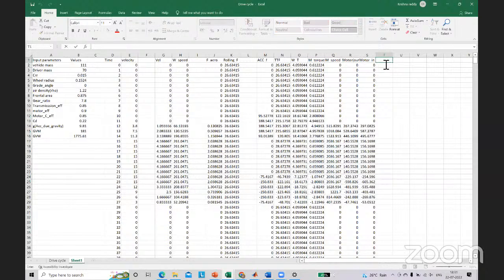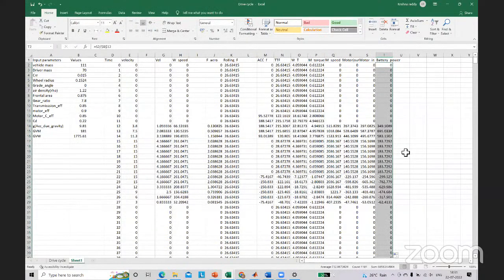And to calculate the battery power, that is supply, equal to motor power divided by motor controller efficiency. Say enter. So this comes to an end of your calculation part. We'll go through an overview of your results and then wind up.